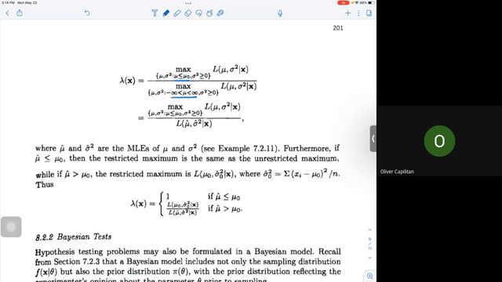Meron siyang corresponding expression. Itong mu hat natin is actually equal to the sample mean. Meron siyang corresponding expression for sigma square hat. It's actually 1 over n, the summation of xi minus x bar quantity square.